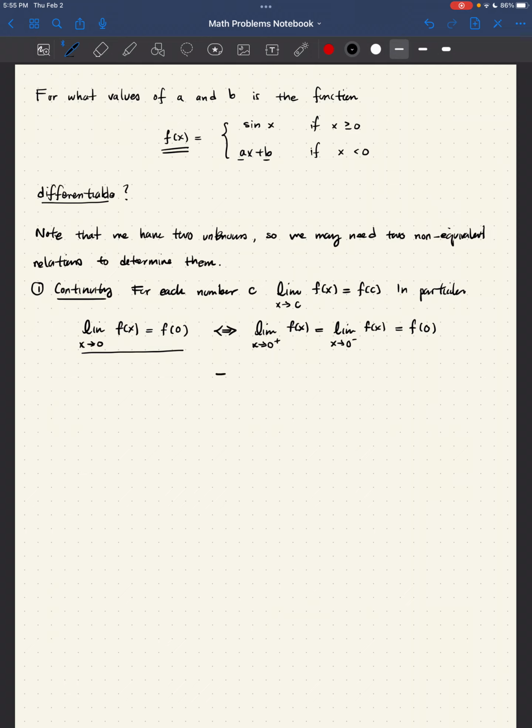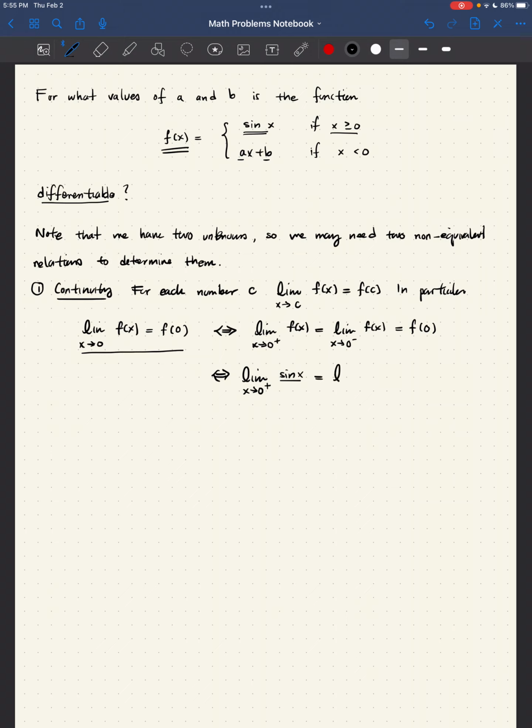Of course, I'm going to translate this in the following terms. This is the limit as x tends to 0 from the right of sine of x. Why from the right? Well, as we can see from the definition, as we are approaching 0 from the right, we're taking values that are larger than 0, so this is the proper expression to use in that approximation process.